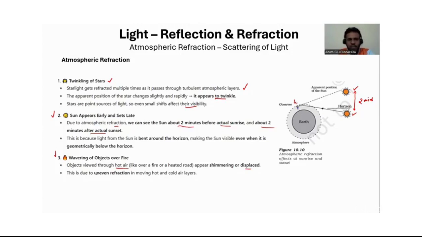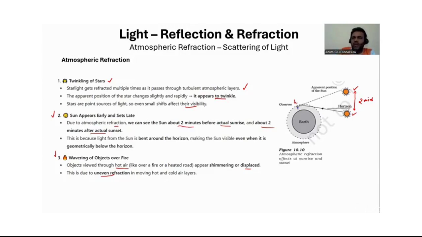So why that happens is due to the uneven refraction, because I have normal air, then hot air, and closer to the fire, it is hotter. That means less dense. As we move away from the fire, the air again becomes colder and denser. So there is a change in density.